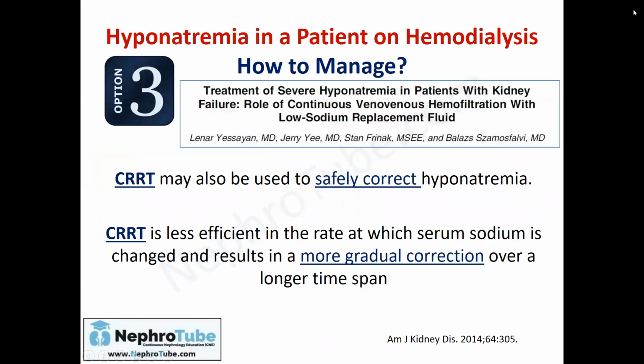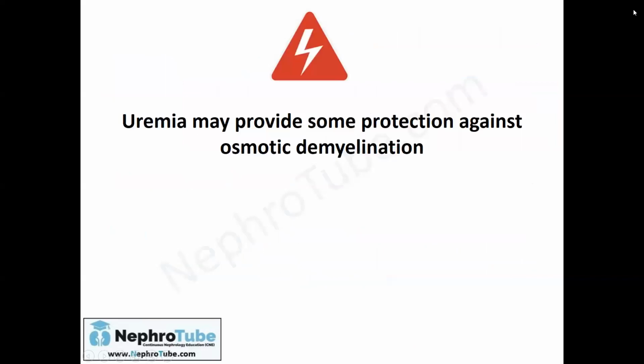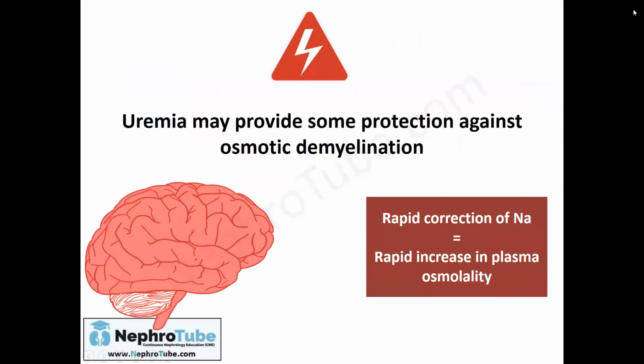And third, and the safest, is to use continuous renal replacement therapy. This safely corrects hyponatremia and results in a more gradual correction over a longer time span. But there is an important point in our patients: uremia may provide some protection against osmotic demyelination.